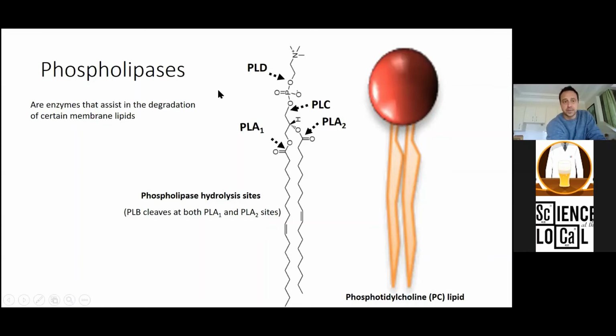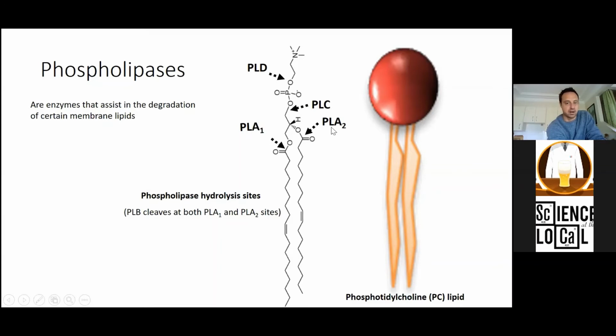And there's various types of phospholipases. There's phospholipase A, phospholipase B, phospholipase C, phospholipase D, and they all have slightly different actions. And what they do is they catalyze the cleavage of lipids. So phospholipase A2 here, for example, catalyzes the cleavage of this lipid at this point here where this ester oxygen, this double bond oxygen is.